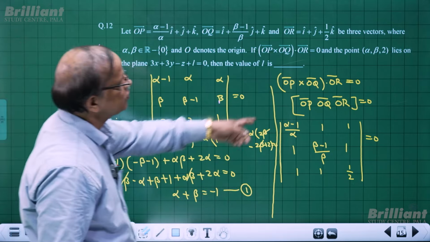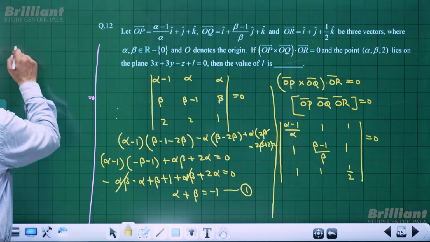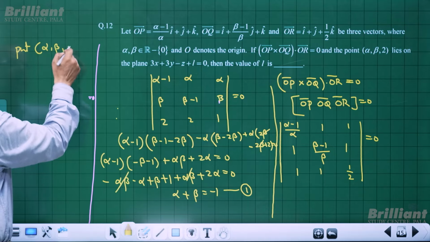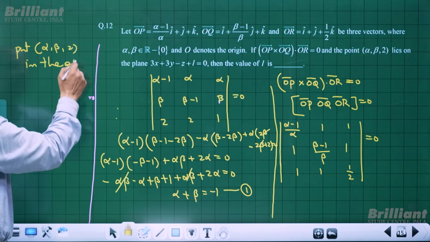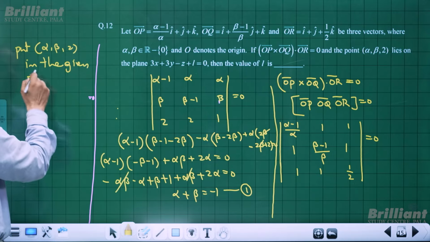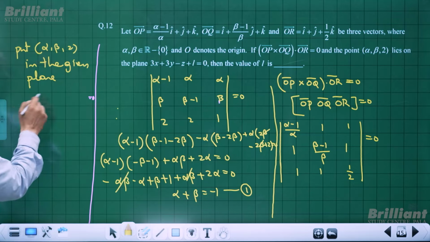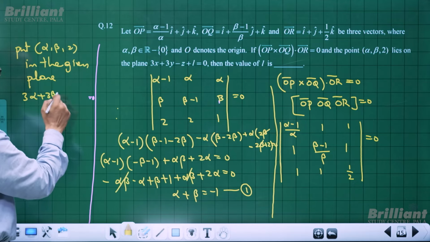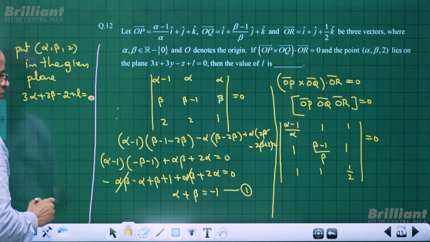Now, substitute this point in the plane. So, put alpha, beta, 2 in the given plane. Therefore, 3 alpha plus 3 beta minus 2 plus L is equal to 0.